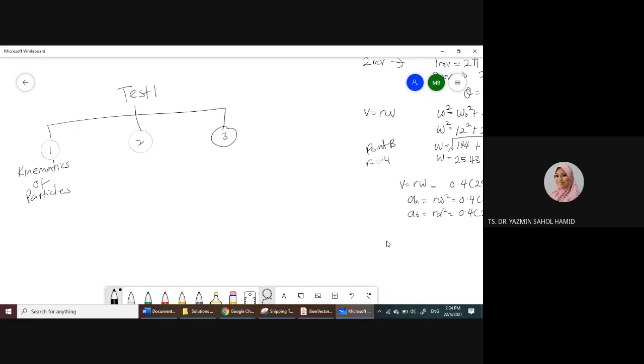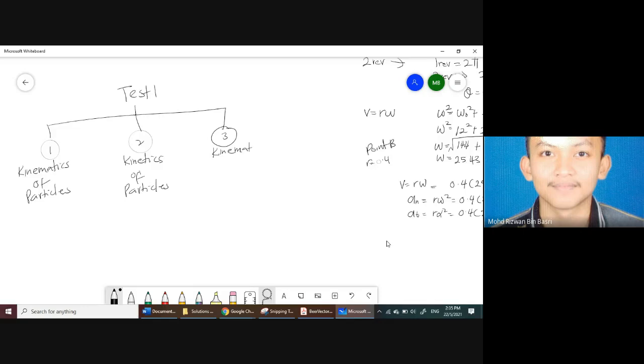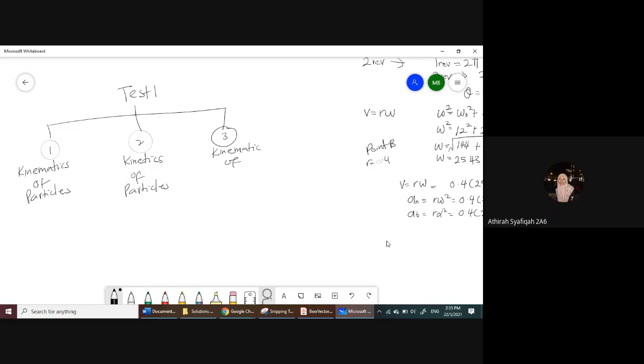Do you remember the title for chapter 2? Kinetics of particles, and Newton's second law and linear momentum. And chapter 3, kinematics of rigid body.